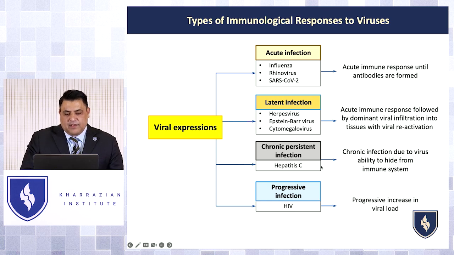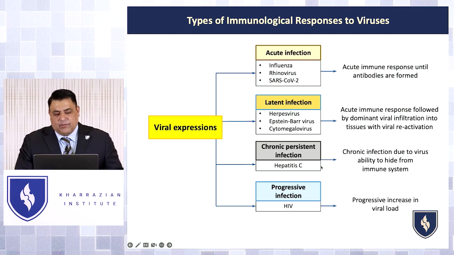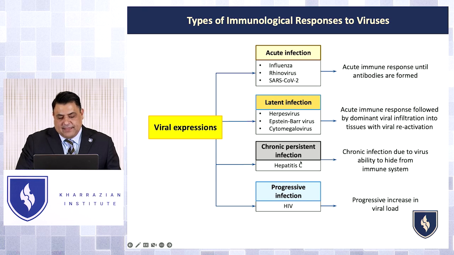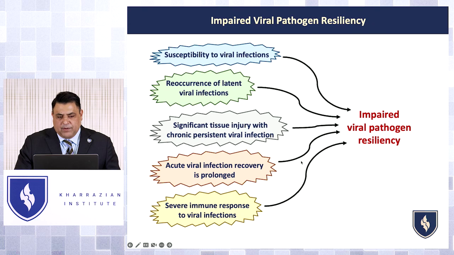The ones you're going to be most concerned about and see more often are people that get acute infections that just don't recover, or those that have latent infections that keep getting a reactivation, and hepatitis C, those that just can't get their viral load down. And those are all associated with impaired viral resiliency. So one of the resiliences we have is viral pathogen resiliency.